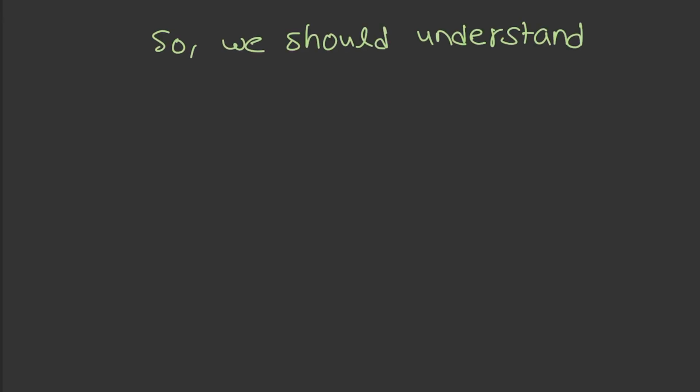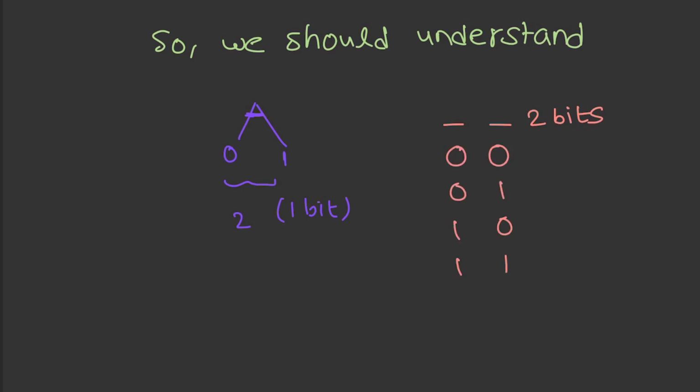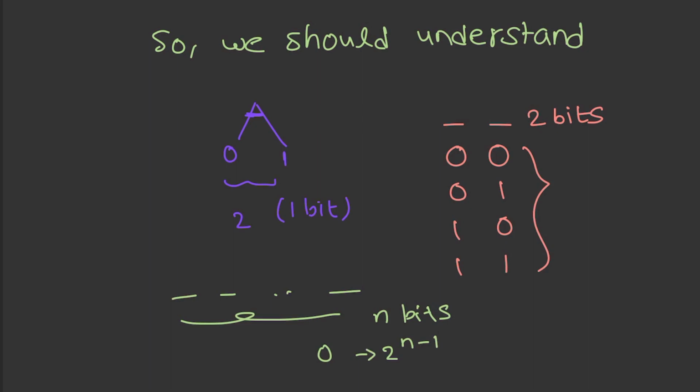We should understand that computers use the binary system, and with a single bit, we can store either a 0 or 1. Two values can be associated with 1 bit. If you consider 2 bits, 4 values can be associated. Similarly, if you consider n bits, it associates a value from 0 to 2 power n minus 1.